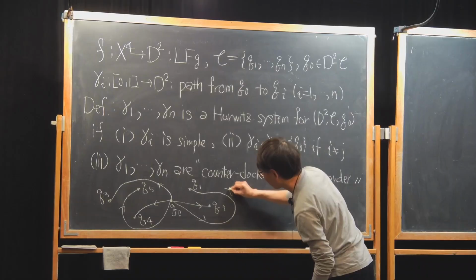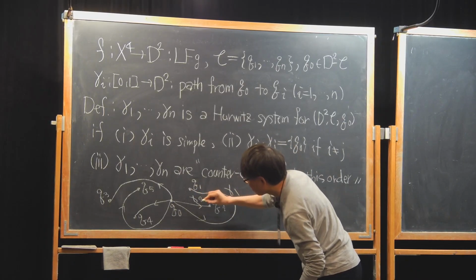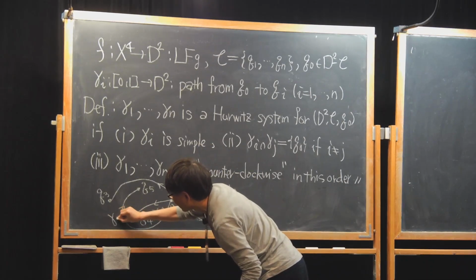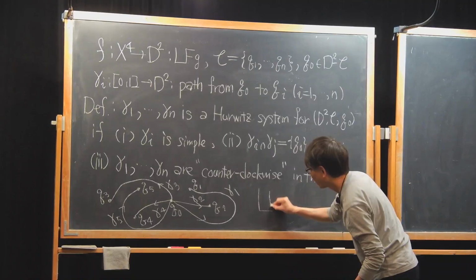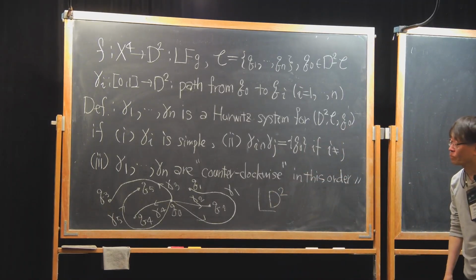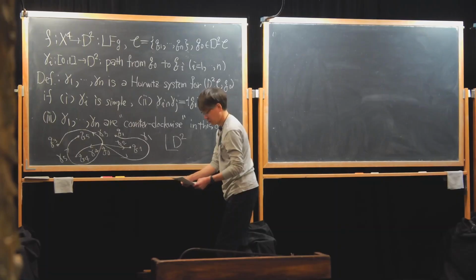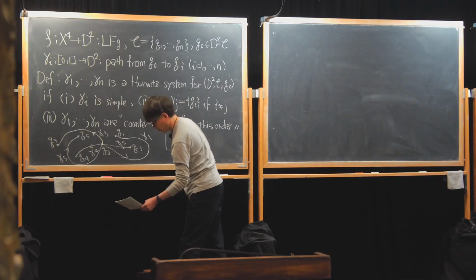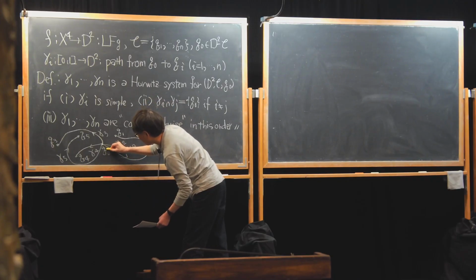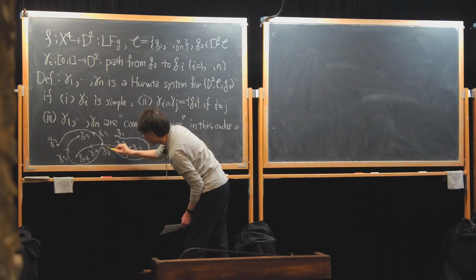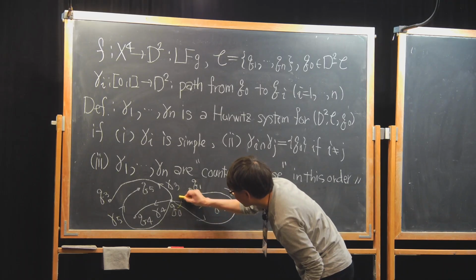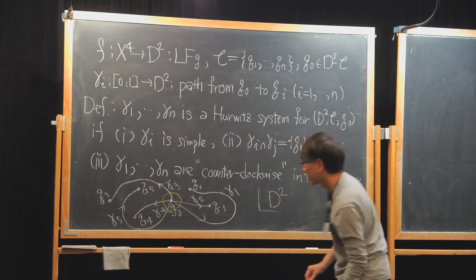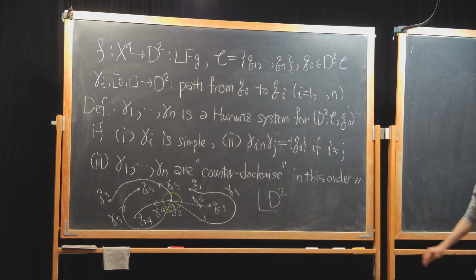This is gamma 1, gamma 2, gamma 3, gamma 4, and gamma 5. Here is D2. If you go around Q0 in the counterclockwise direction, then you encounter gamma 1, gamma 2, gamma 3, gamma 4, gamma 5 in this order. So this is the third condition, okay?